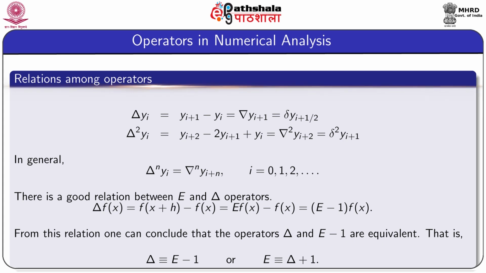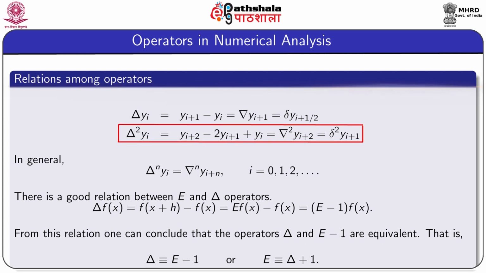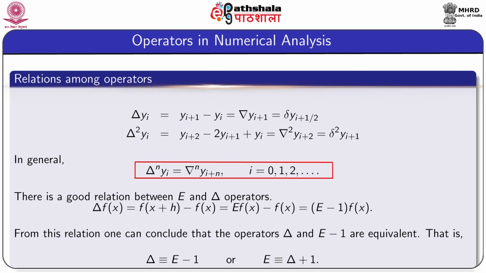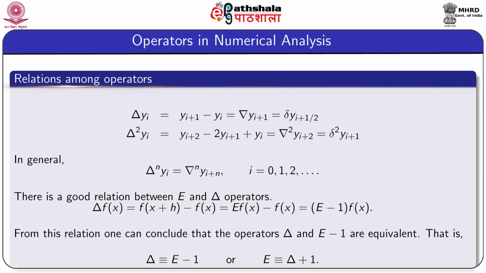Similarly, for second order difference, Δ²y_i equals y_{i+2} minus 2y_{i+1} plus y_i, which equals ∇²y_{i+2}, which equals δ²y_{i+1}. In general, we can show that Δⁿy_i equals ∇ⁿy_{i+n}, where i equals integers, say 0, 1, 2 and so on.